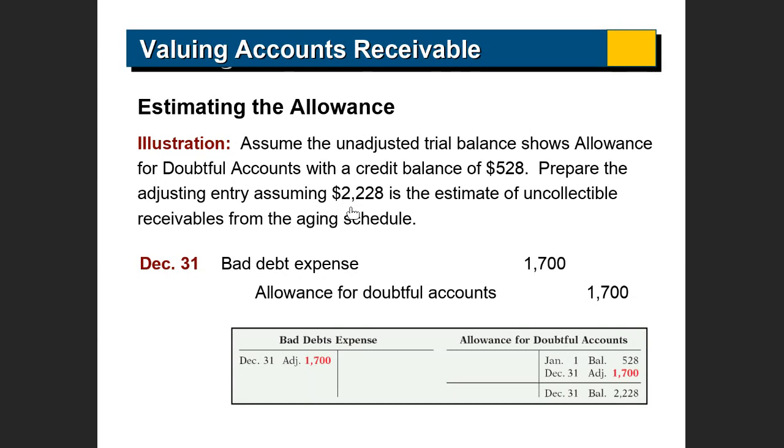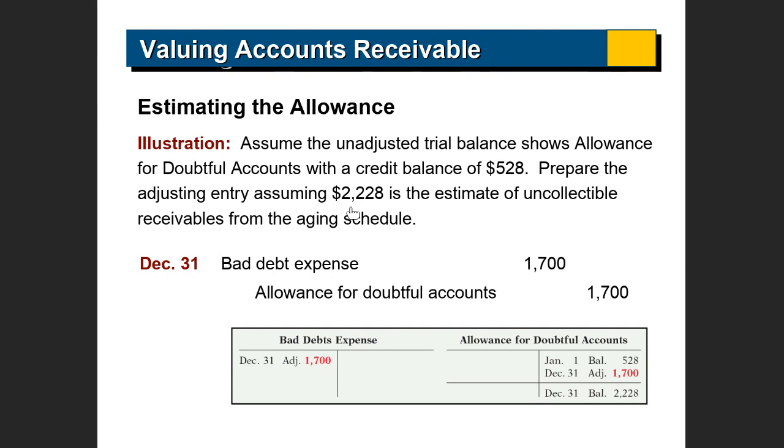So you have to increase that account from 528 to 2,228. That means you have to add 1,700. Do you follow? So the estimated allowance is 2,228, meaning at the end of the year, the allowance account should be 2,228.